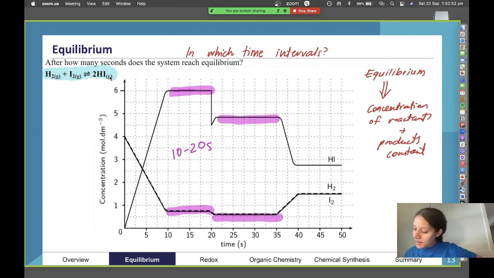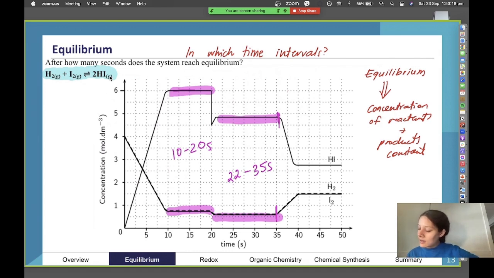That's from about, maybe, 21 or 22 seconds. Let's say 22 seconds, all the way up until it looks like 35. So this one stops being constant at 35, even though this one's slightly afterwards. So I'd say 35 seconds.